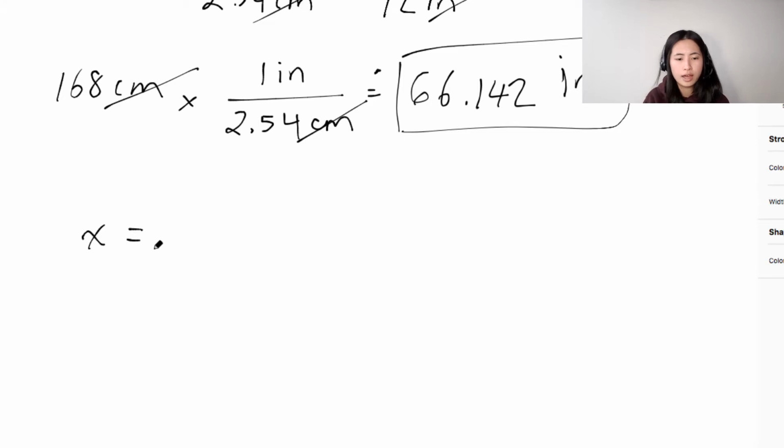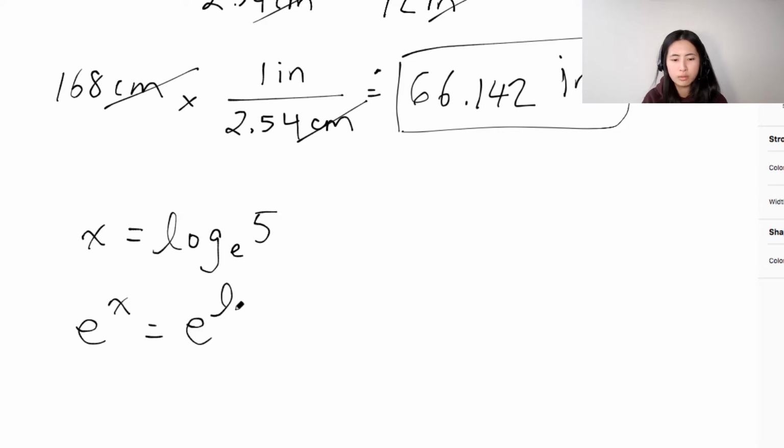Yeah, so if you have x, which is equal to log e of 5, in order for you to get rid of this, you need to raise both to the power of e, right? Does that make sense? I think it would be better if they actually show you this step, because it's easier for students to see that if you're raising both with e, as you can see, this thing over here is actually equal to 1.